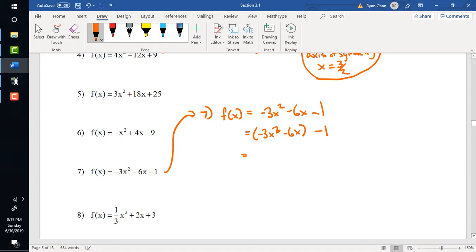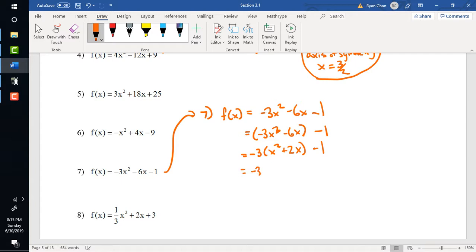I do not like the negative 3, so I'm going to divide everything by negative 3 or factor that out. 6 divided by negative 3 is plus 2x. And then this is going to be minus 1.